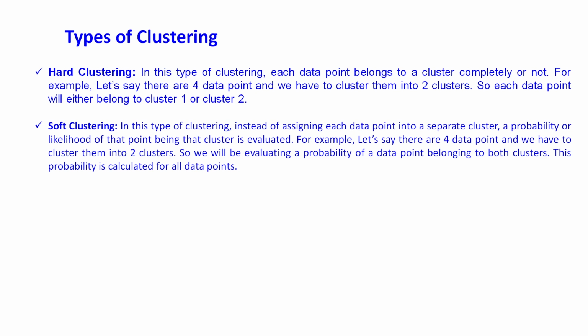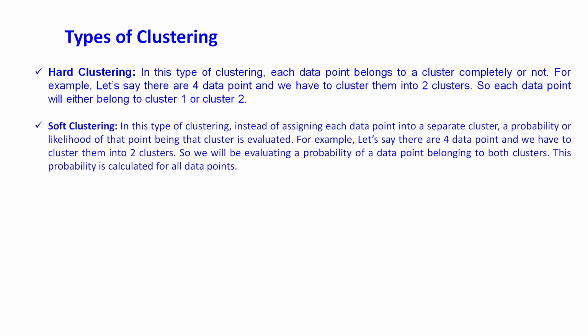Now, in comparison, soft clustering is this: instead of assigning each data point to a separate cluster, the probability or likelihood of a point being part of a cluster is first evaluated. Let us say there are 4 data points and we have clustered them into 2 clusters, like in the first case, like hard clustering exactly.